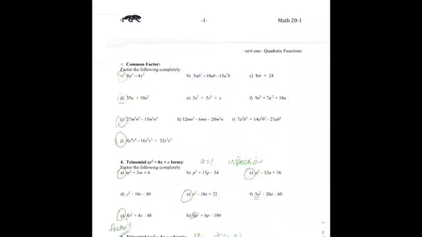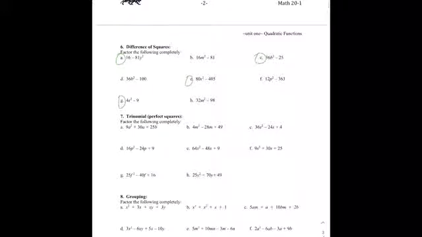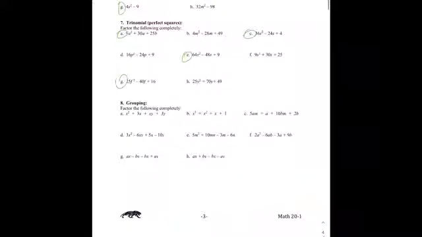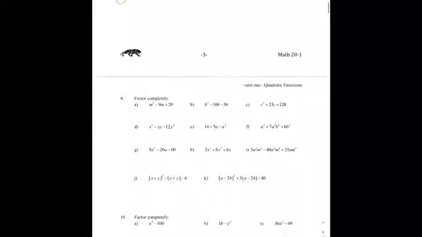Number 3, even if you did the odds, okay, if you did the odds. And if you do the perfect squares, you could quickly do a couple of these, and maybe do a couple of these. Okay, and then down below, factor completely.